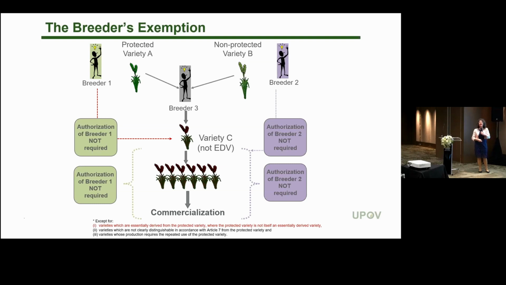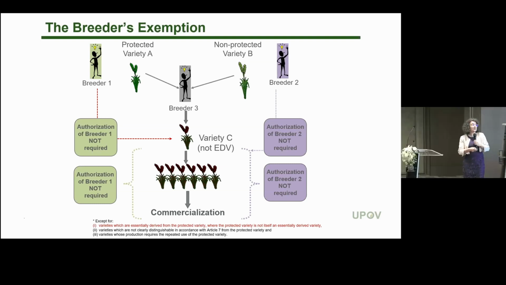But there is one exception. The exception applies not to this part. Still in this part, you don't need the authorization of the breeder to obtain an essentially derived variety. But the point is that for an essentially derived variety, you have used mainly one variety. This is why one of the key elements of the definition of essentially derived variety is that it has been predominantly derived from one variety.